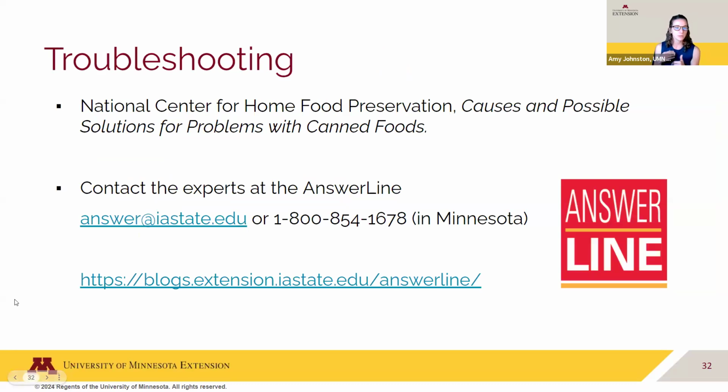If you make some home canned foods, but you are questioning how they came out, the National Center for Home Food Preservation did publish a pretty useful guide of causes and possible solutions for problems with home canned foods.